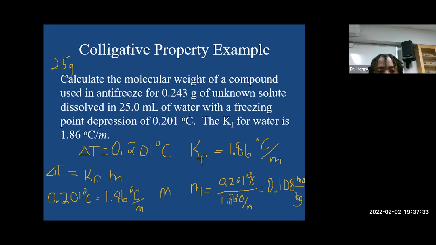So how do I convert 25 grams into kilograms? Divide by what? 1,000. Let's put H2O here. Then we end up with 0.025 kilograms of water.